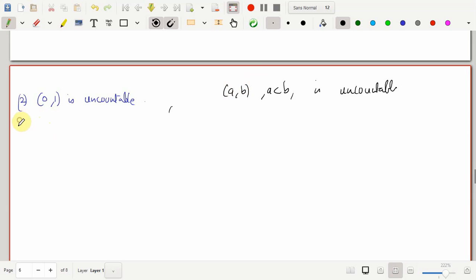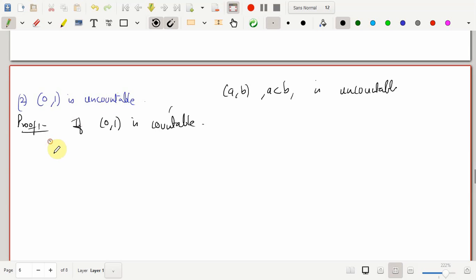So the proof is by contradiction. If we say that this is countable, which means that every element from (0, 1) can be listed down, can be enumerated.